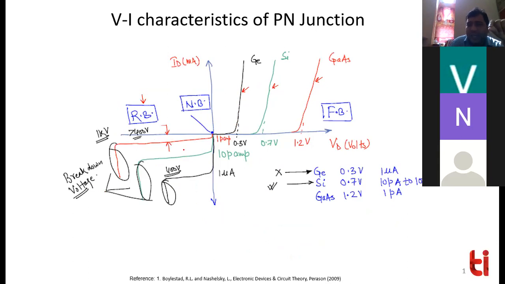In case of silicon, you have more minority charge carriers because the band gap is lesser than gallium arsenide, so you have more IS. In case of germanium, you have even more minority charge carriers, so the IS is even more compared to silicon and gallium arsenide.